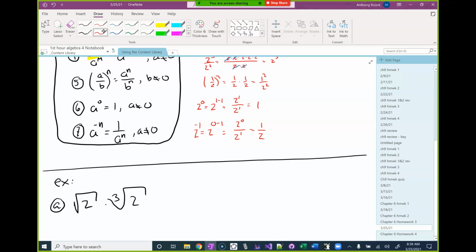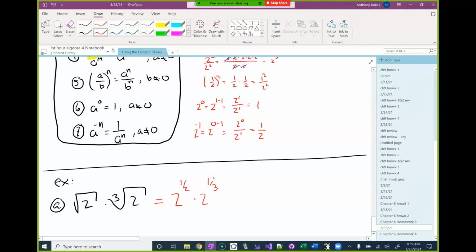So that's going to be 2 to the 1/2 times 2 to the 1/3. Everybody okay with that? That's just using our new definition of a radical, where I can rewrite it as a rational exponent.